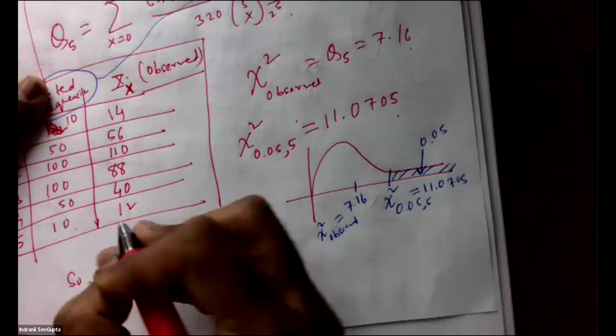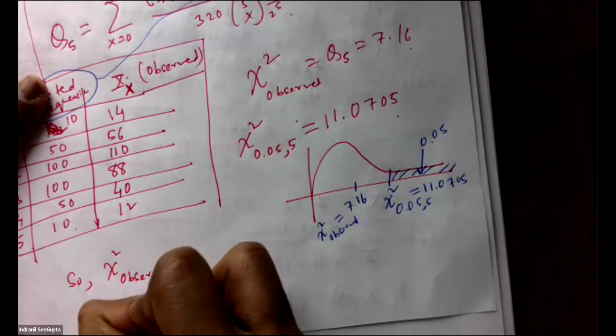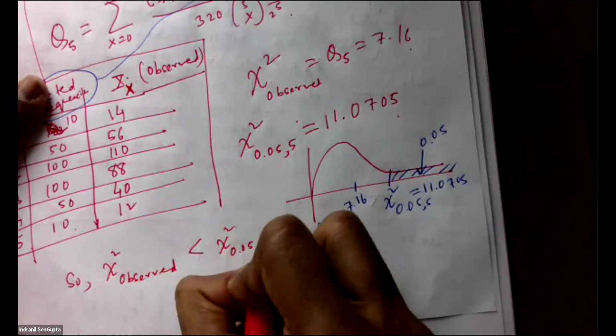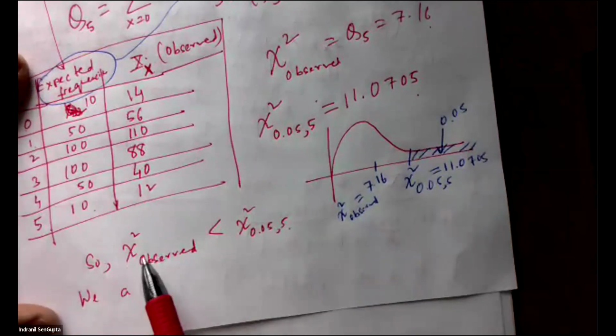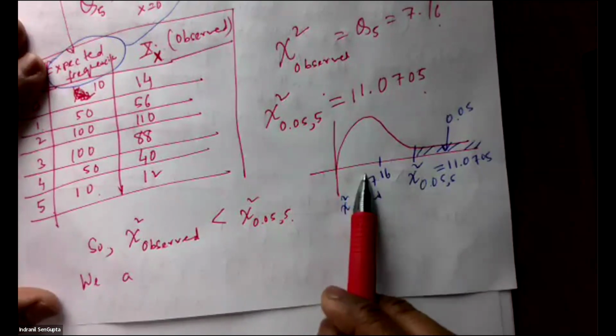So chi-squared observed is less than chi-squared 0.05, 5. Hence, we do not reject the null hypothesis in this case. We accept it because the difference is not big.